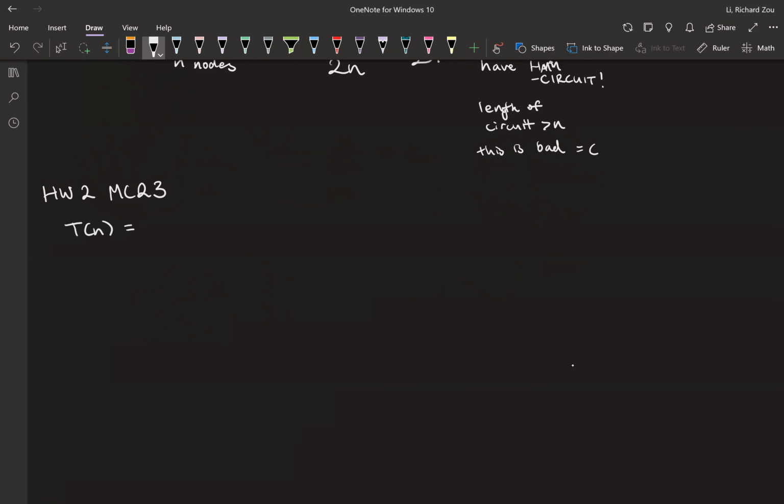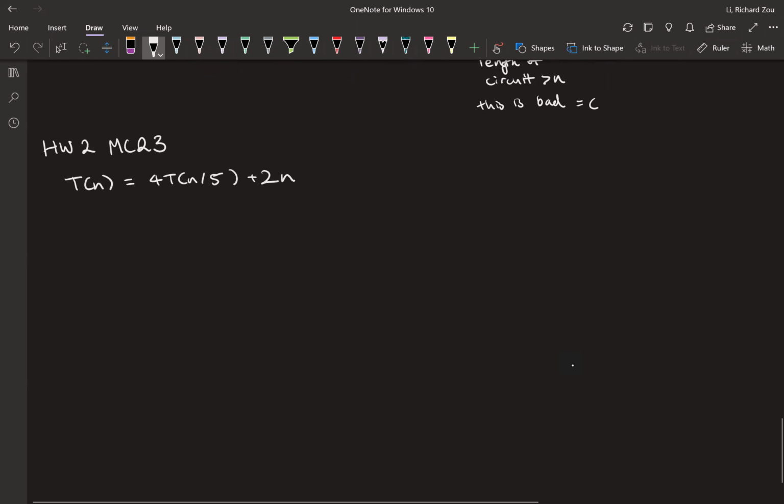Okay, so this one's a little bit easier to analyze because it doesn't require two separate recursions. But once you learn the master theorem, this becomes a little bit easier.